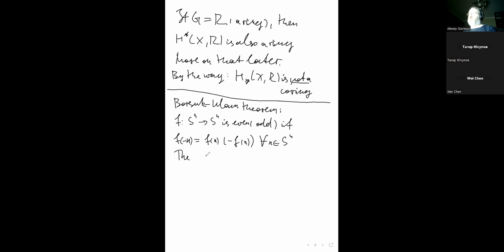And what do Borsuk and Ulam tell us? They tell us that the degree of an odd map from S^n to S^n, and all maps are assumed continuous, and the statement is that the degree of an odd map is odd. Does the statement make sense?